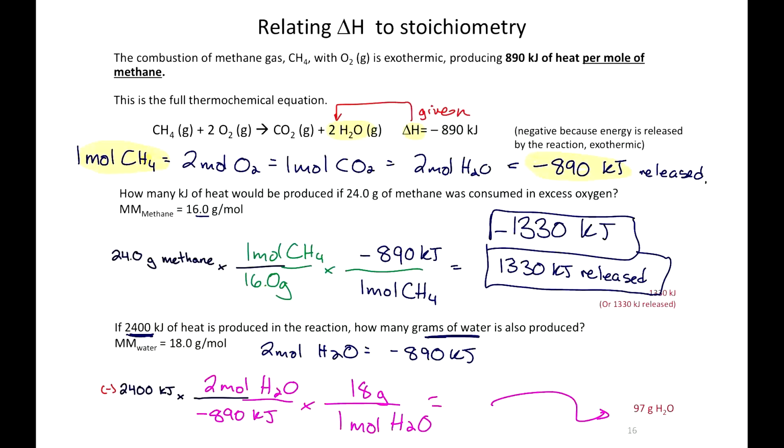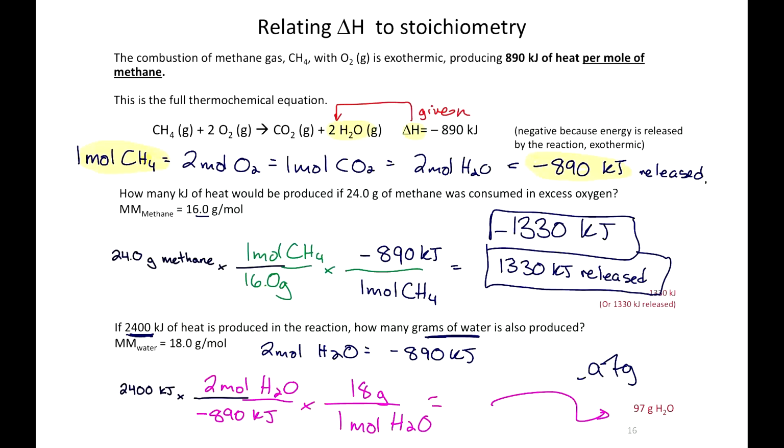So notice if you left that negative sign with 890, you'll get a negative 97 grams. Again, don't let the negative signs mess you up. The sign just tells us the direction energy is going.